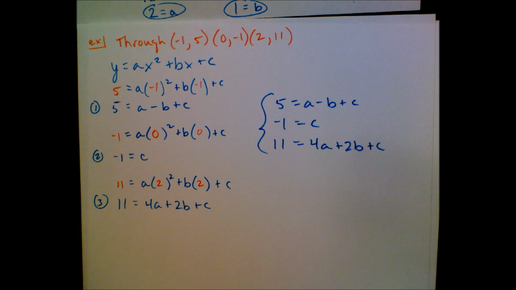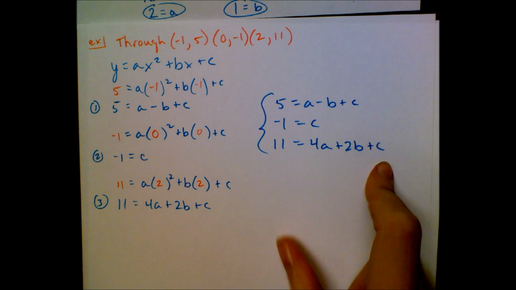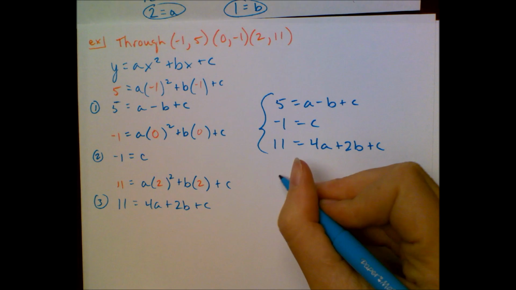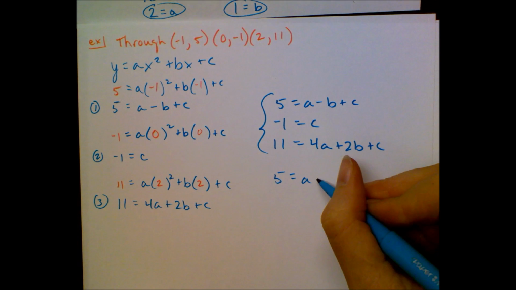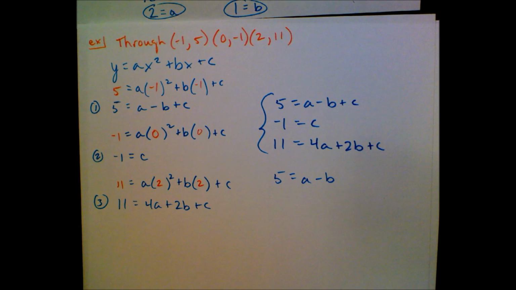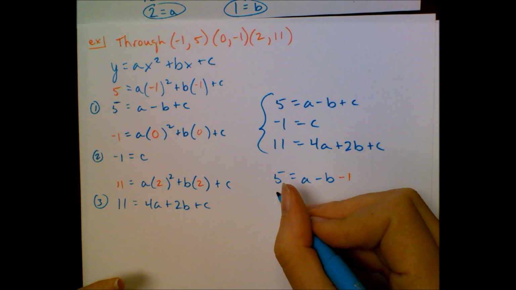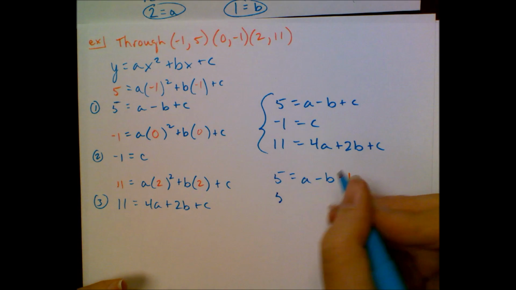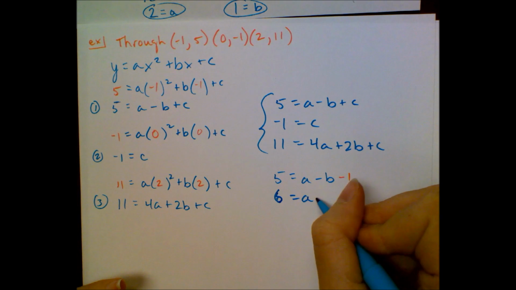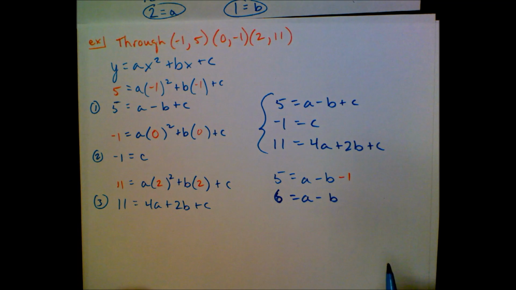Okay, so again, if you've got the one variable, then plug that into the other ones. You know that c is negative 1. Why would you leave c in there? So I'm going to take the first equation and replace c with negative 1. So add 1 on both sides. I'd get 6 equals a minus b. Okay.